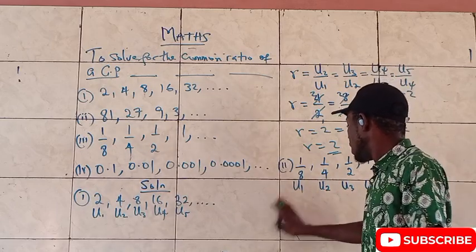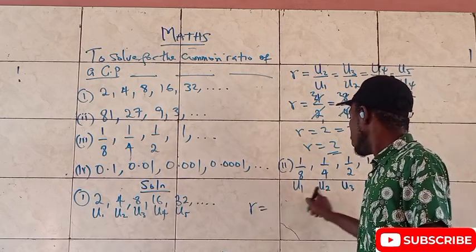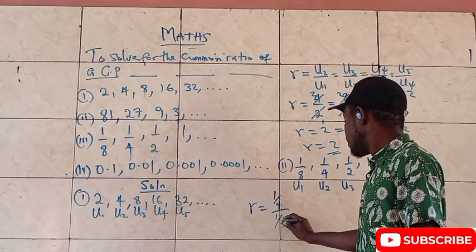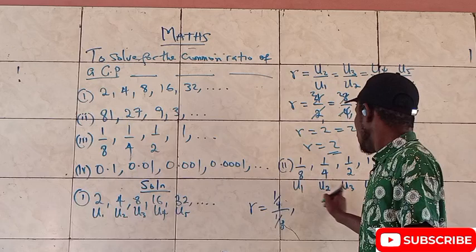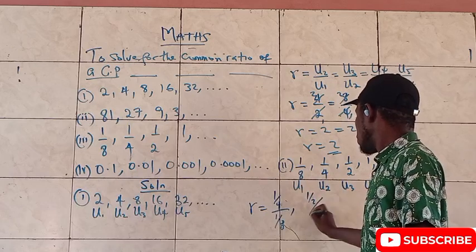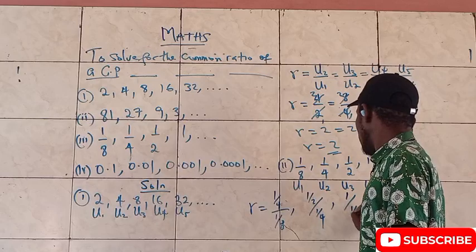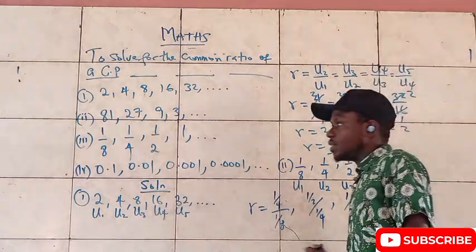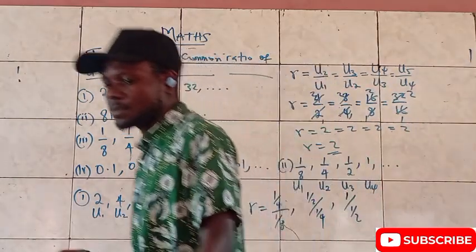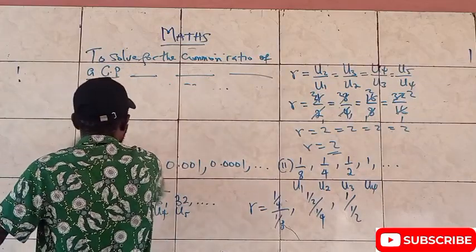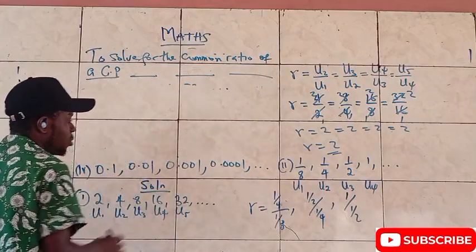Then your formula still remains the same. U2 over U1, 1 over 4 over 1 over 8, U3 over U2, 1 over 2 over 1 over 4, U4 over U3, 1 over 1 over 2. This is what I'm going to solve. Now, look at what I'm going to have here.